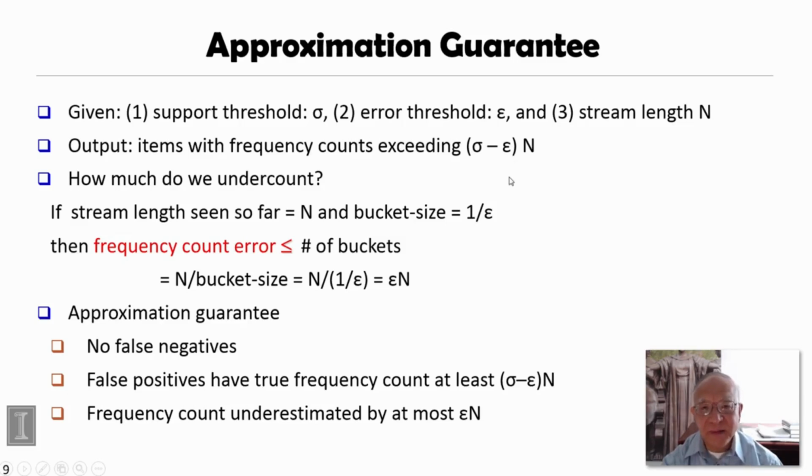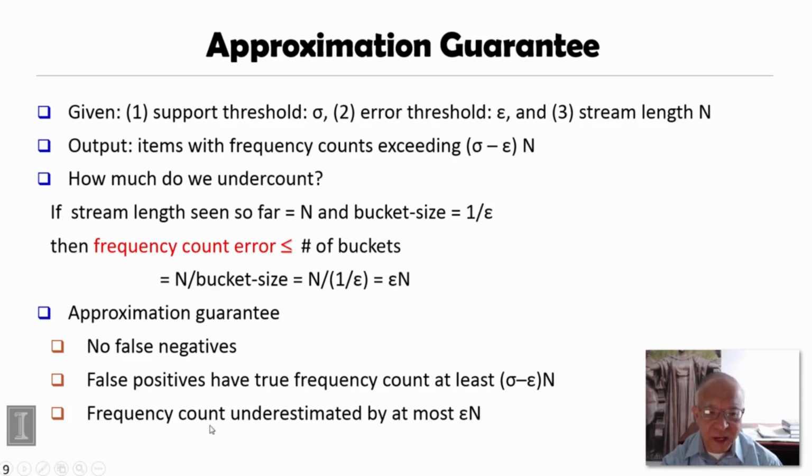But for this orange one, the real support is this. They do not suffer the decrement, or only suffer 1. So this one in principle is not actually frequent, but you think it is frequent and output it as a frequent item. So the false positive has a true frequency of at least this, and you still count it as a frequent item. So you do have some false positives.